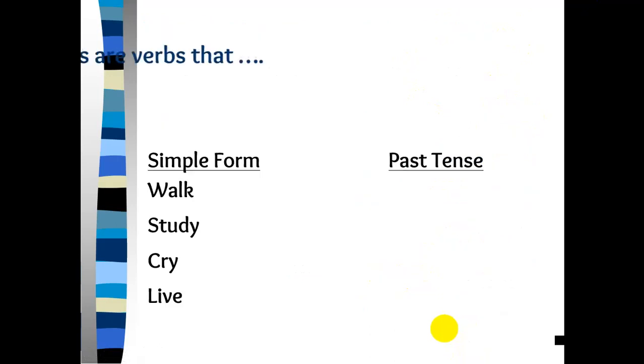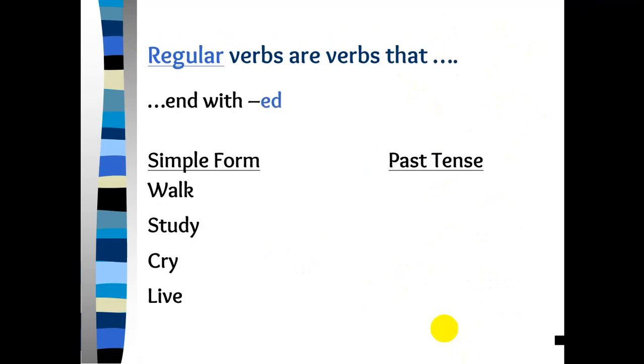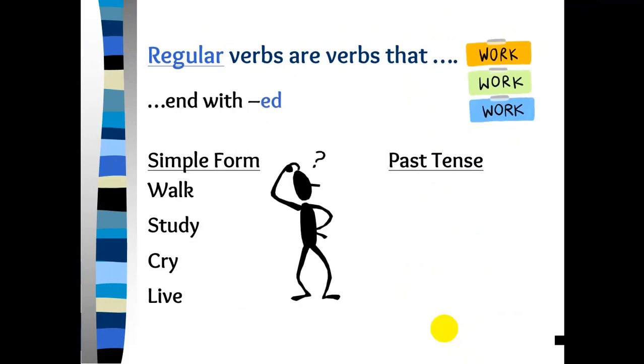And obviously the regular verbs follow a rule. For example, if you have the verb walk and it ends with K, we have to add ed on the ending. If we have, for example, the verb study, it ends with Y, we have to keep the Y and change the Y to I plus ed.